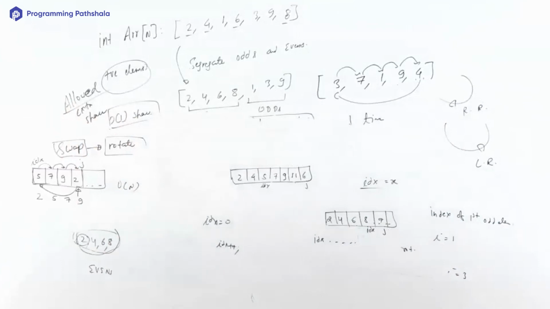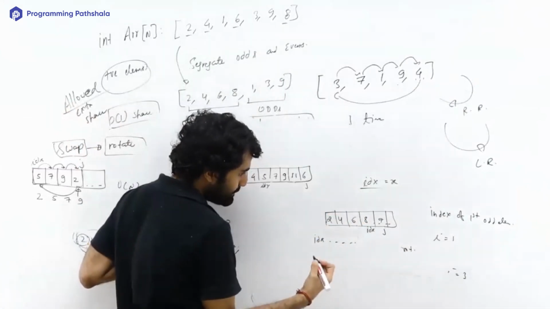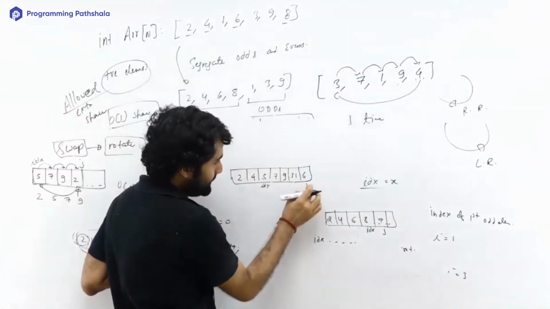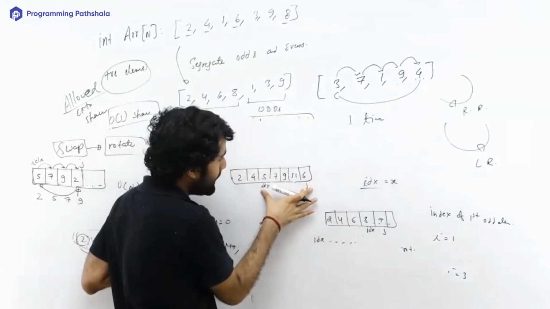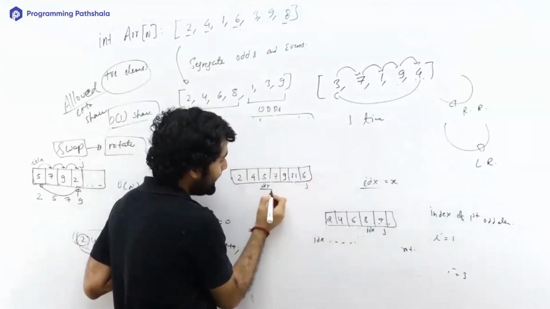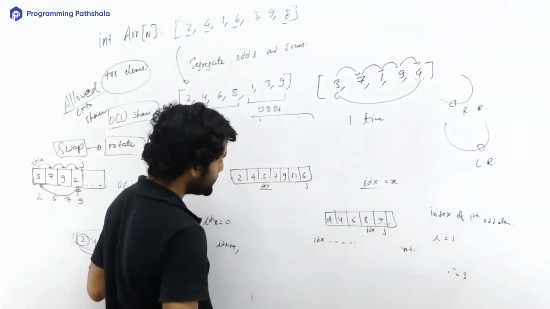Yes or no? Can somebody quickly talk about the time complexity? Okay, I'll talk about it once again. There's nothing special in it. Look, whenever you see an even element, you rotate the part from idx to j. And this idx is the index of the first odd element, right?